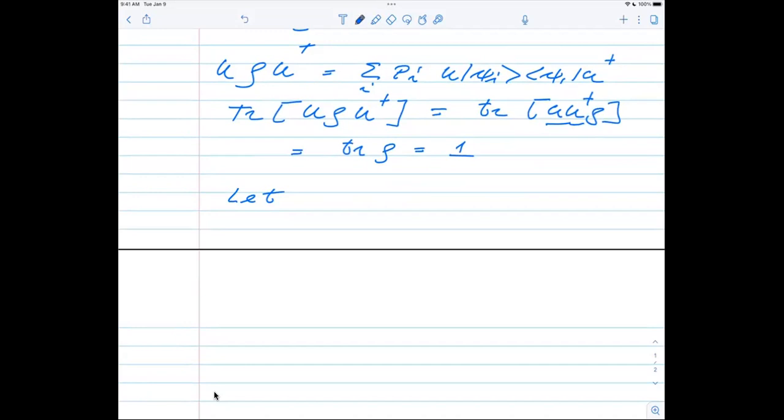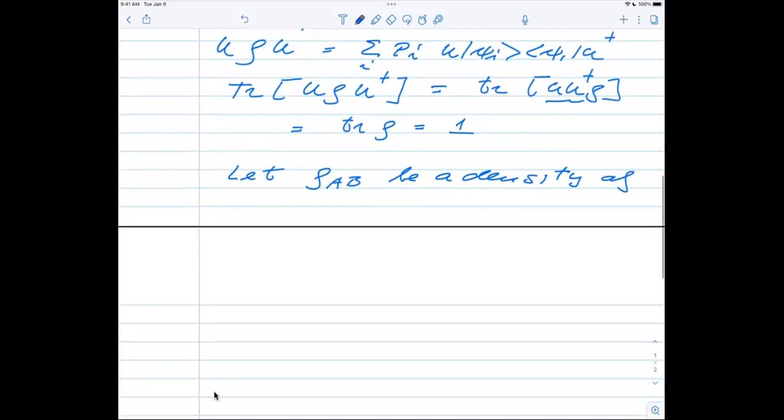So this is going to be the density matrix of a composite system. In our case, this is a bipartite system, but there's nothing which hinders us from making this a more complex system.